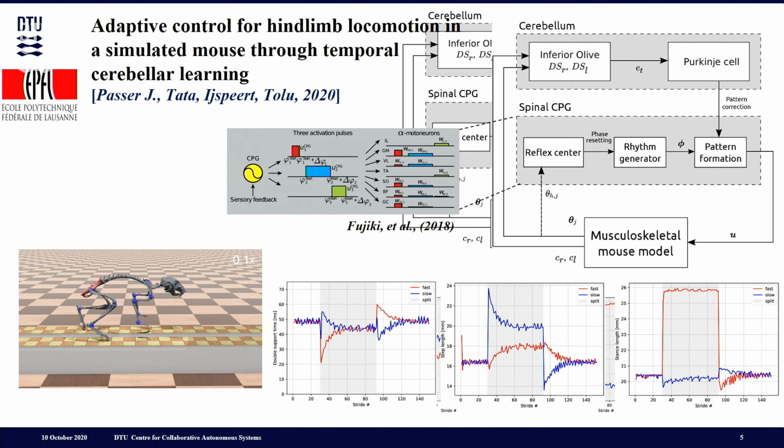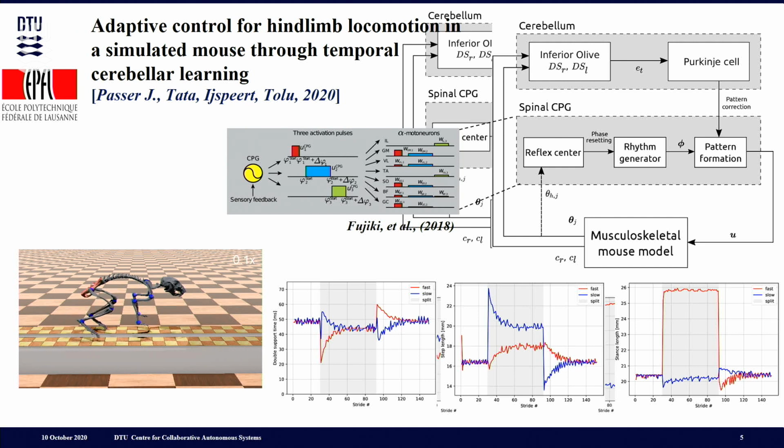I know it's a bit weird because the mouse is walking on the hind limbs only, but we did it because we wanted to reproduce exactly the same behavior that we can see in human beings and also real mice. Actually, this is an experiment that neuroscientists do.